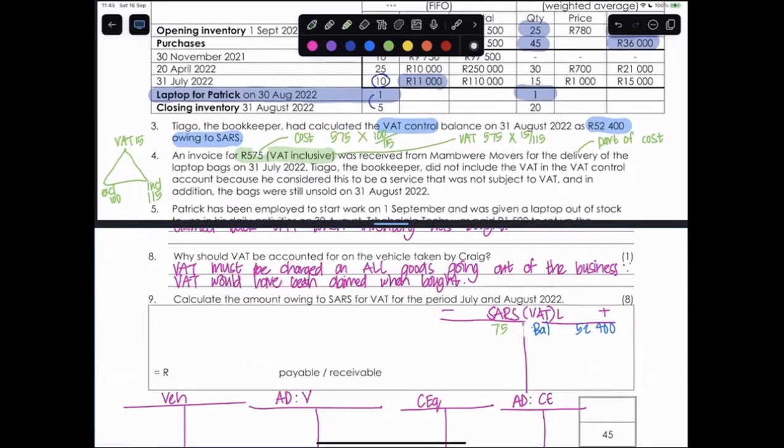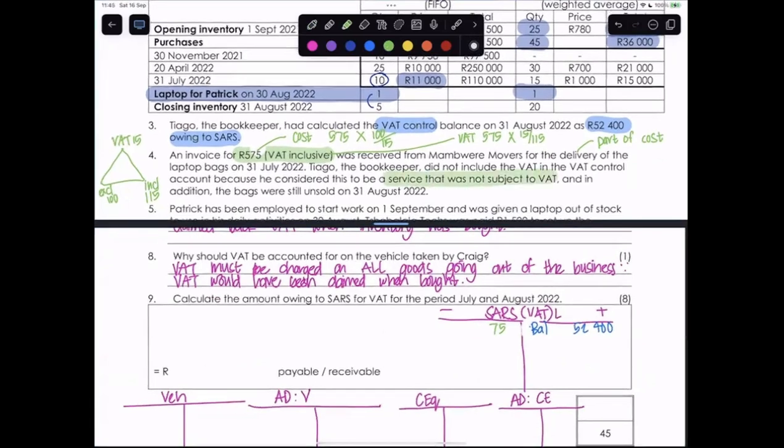You can then see that they've told you that Tiago, the bookkeeper, did not include the VAT in the VAT control account because he considered this to be a service that was not subject to VAT. And in addition, the bags were still unsold. So because he didn't include it, that's why we've now added it to the VAT.